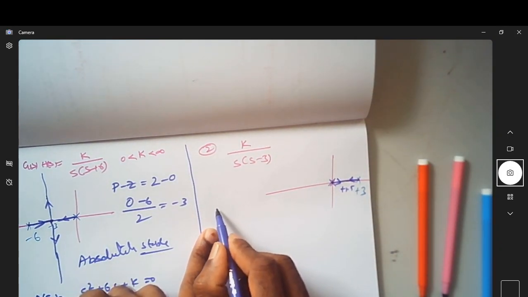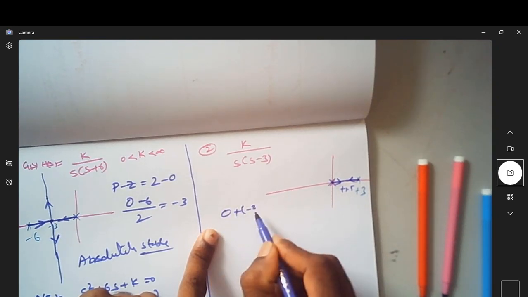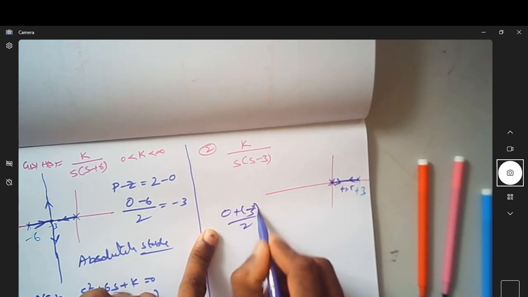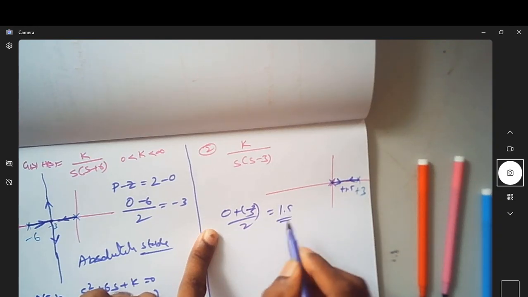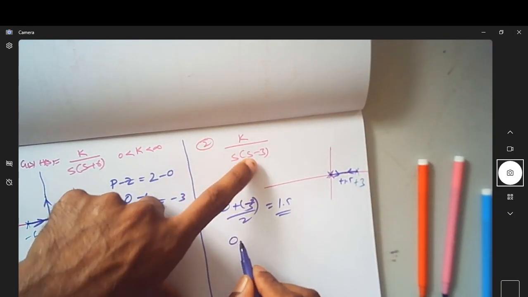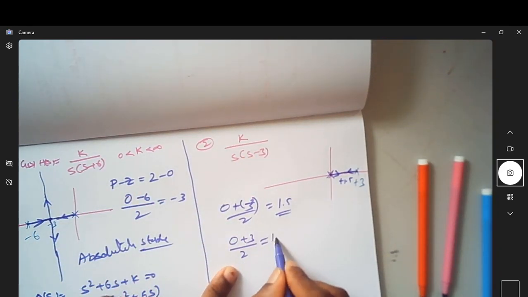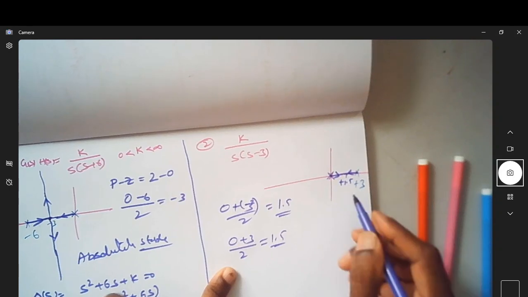So what is the centroid? Centroid is 0 plus 3 by 2, which is exactly 1.5. The real part of this pole is 0, the real part of this pole is 3, and you have P minus Z as 2. So is the centroid not at 1.5?